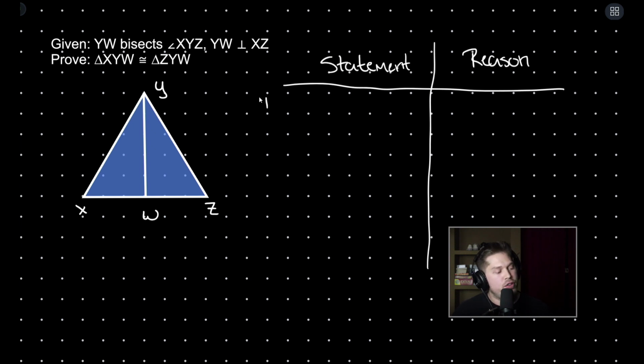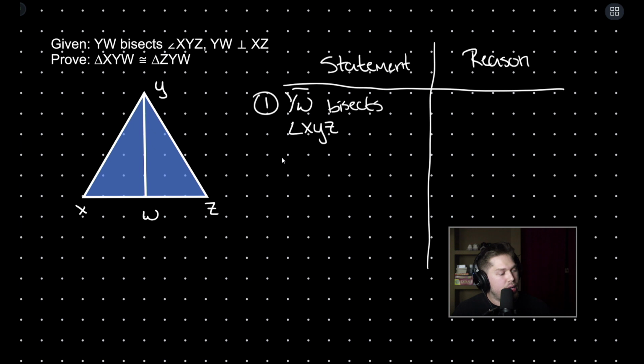So your first statement is always going to be the given. It's always going to be to restate the given. So we have segment YW bisects angle XYZ.